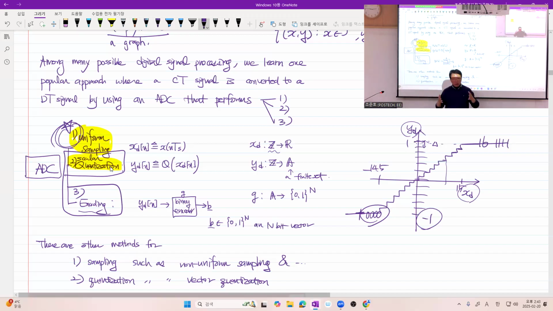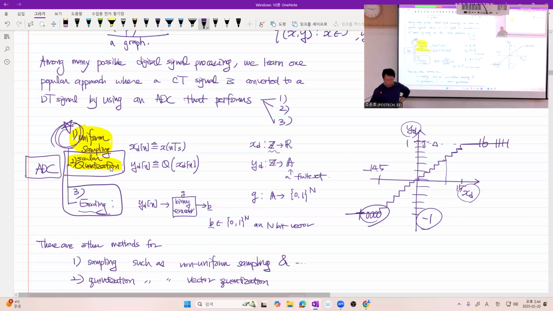So in this course, we will first convert a continuous time signal, assuming that it is already given, to a discrete time signal by uniformly sampling the signal. And in many real world cases, the discrete time signal is mathematically, conceptually, quantized and bit encoded. That part is not much discussed. Got it?